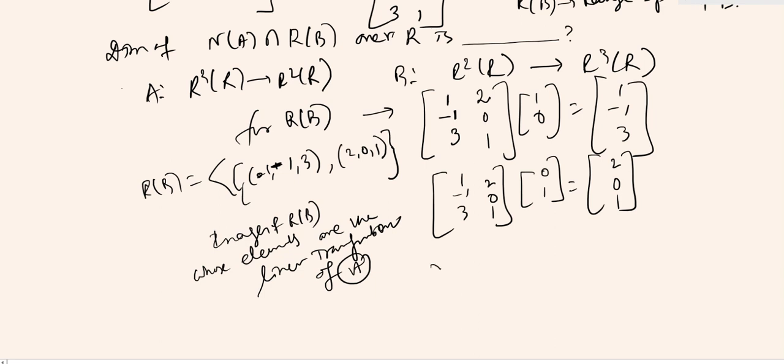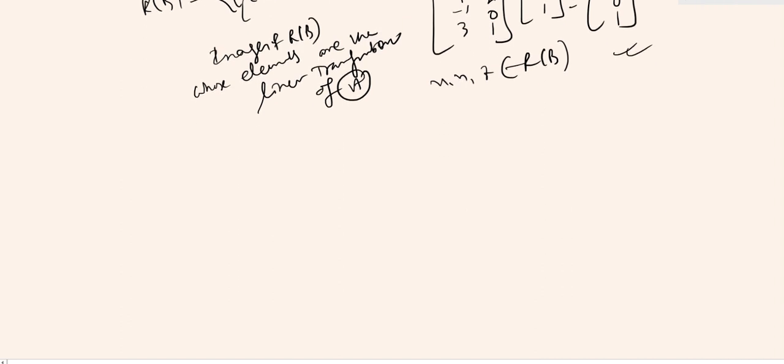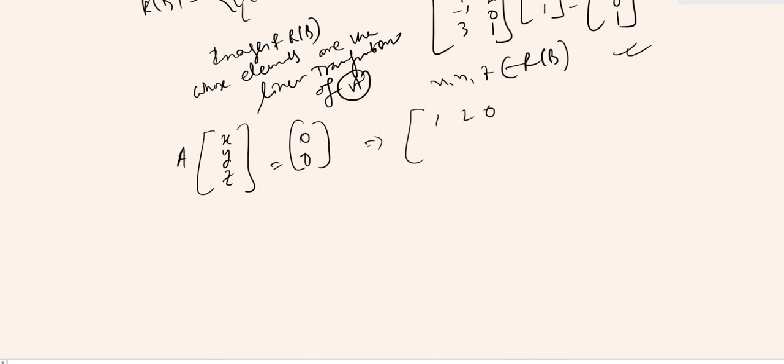For R of B, here you can solve it directly. So for this we can say that these two, so that is 1 2 0.